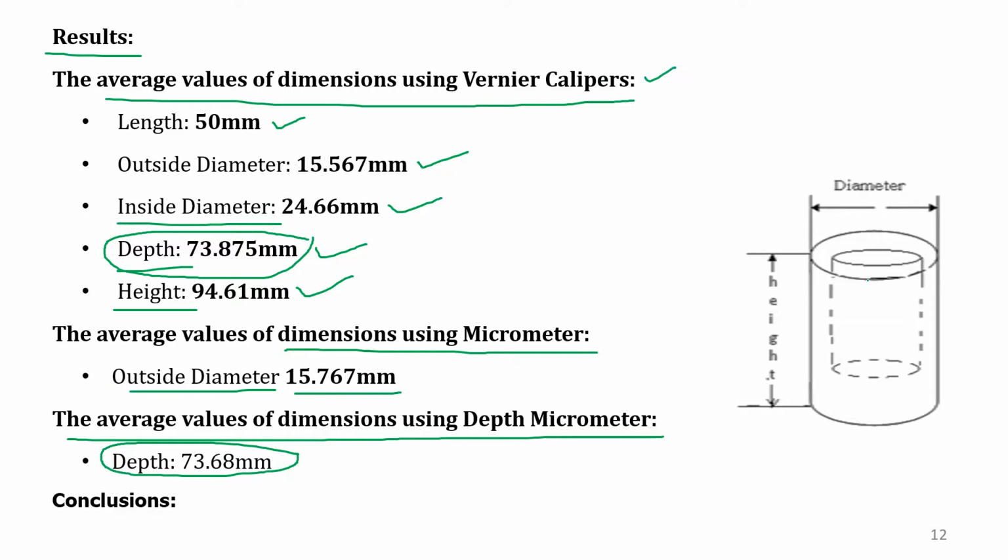The reason is that the vernier caliper cannot be positioned exactly at the center of the hole, so the measuring probe may sit on the top of the workpiece, maybe at the edges or corners of the workpiece. That's why the accuracy of the vernier caliper for measuring the depth of the workpiece is somewhat less compared to the depth micrometer.